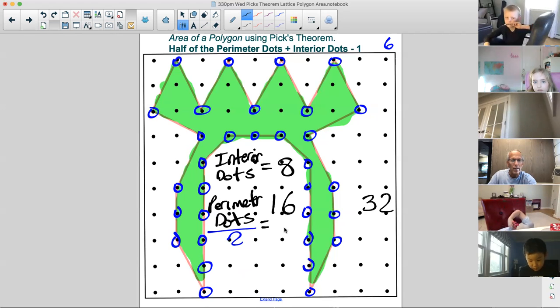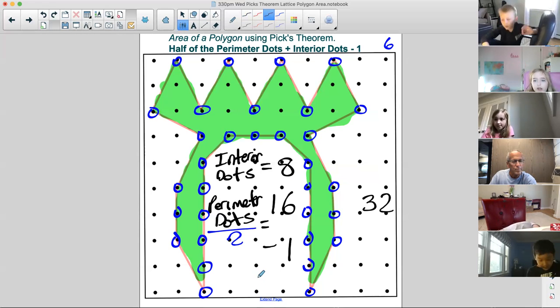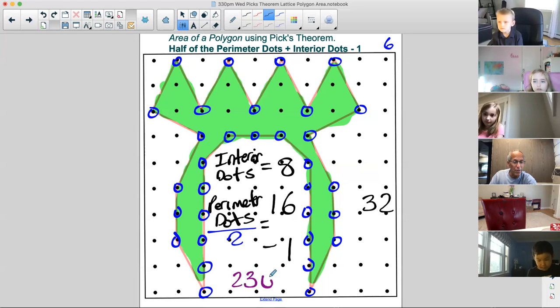I love it. And then don't forget to subtract 1. So if I add 16 plus 8 and take away 1, what do I have for the area of the crown? 23. 23 square units.